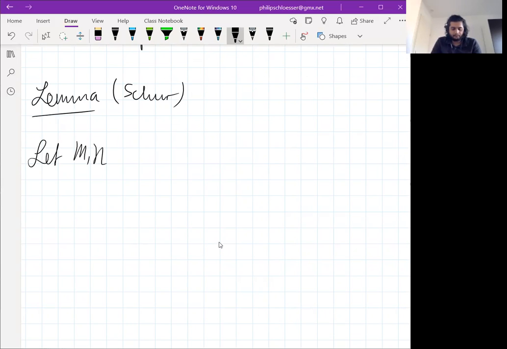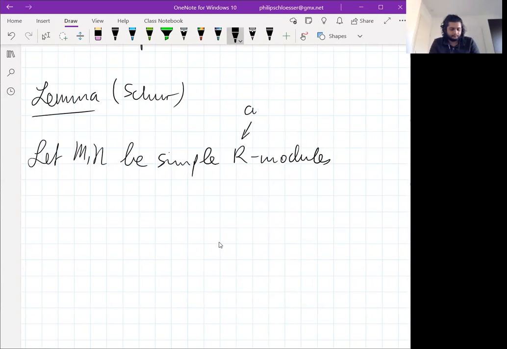Let M and N be two irreducible, two simple R modules, where R is again an associative C algebra. Let M be finite dimensional.